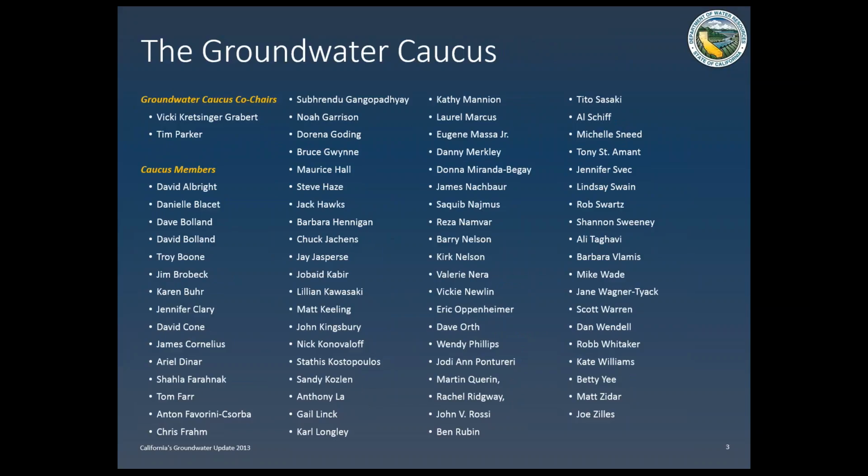During the process of gathering data and setting things up and putting together the report, DWR employed the use of the communication and outreach process to form a topic-based Groundwater Caucus. The Groundwater Caucus provided DWR team with significant input on the compilation, the synthesis, and the presentation of the groundwater information. The caucus included 60 members, including ag, urban, environmental interests, along with state, federal, and local agencies.